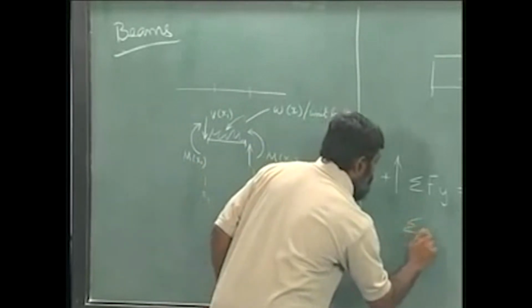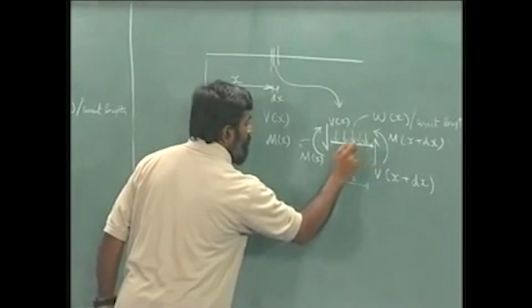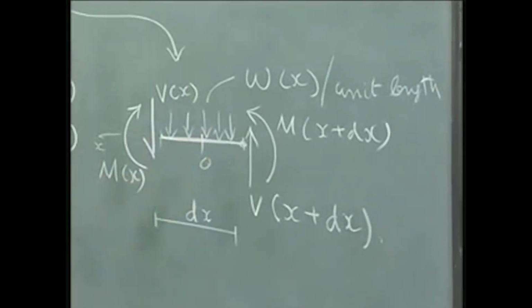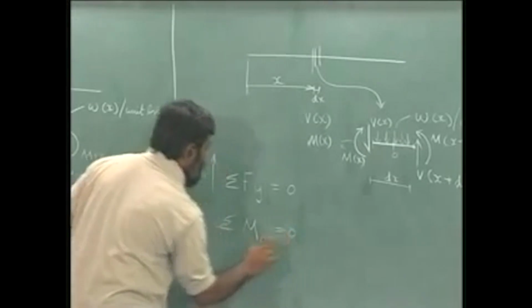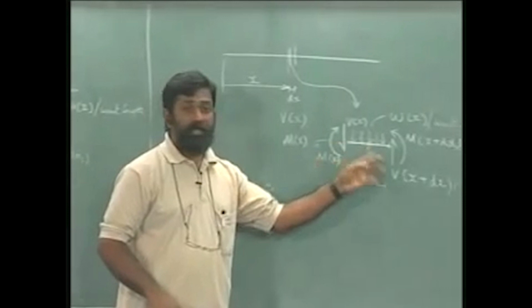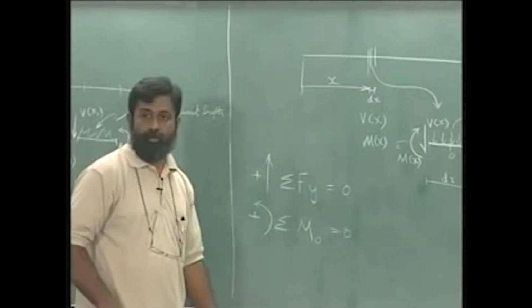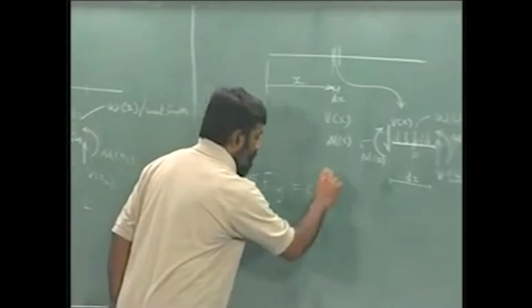So, let us say M at a particular point, let us say in this particular case, shall we choose this center, M at O equals 0. We have already learned that we can take any one of those points in order to write down these moments. Let us see what we get out of these.